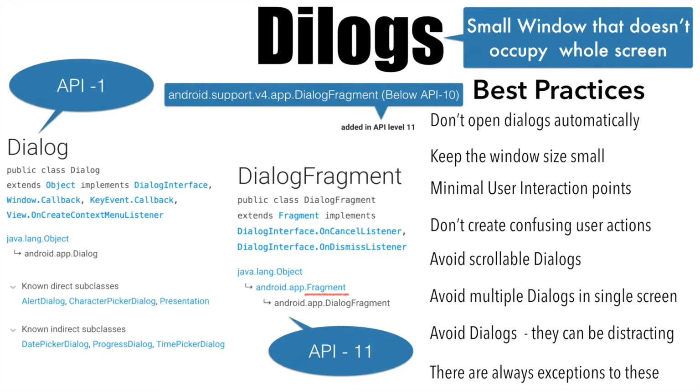In that case, Android provides you with another library, which is the Android support v4 app, and it has a class called DialogFragment, which provides you with backward compatibility for APIs below 11, that is 10 and below. So let's have a quick demo and understand how both ways of implementing dialog work.